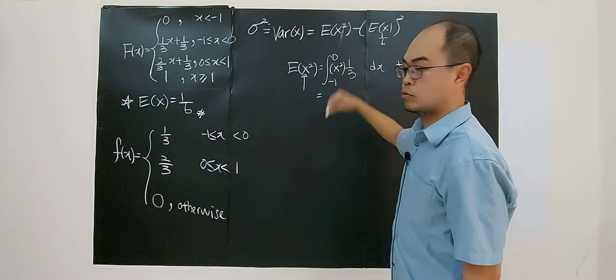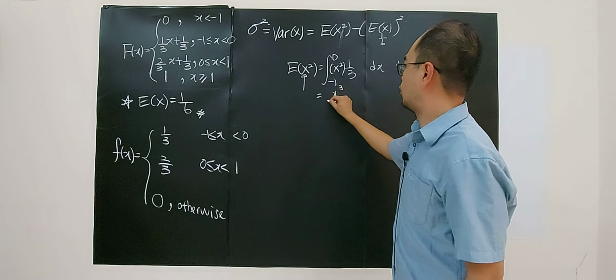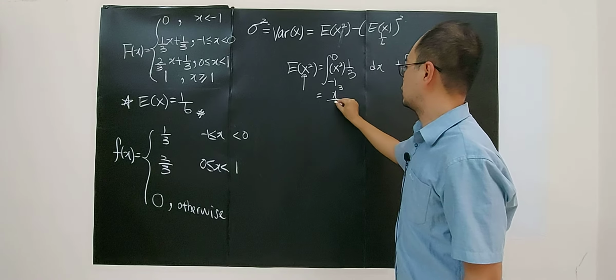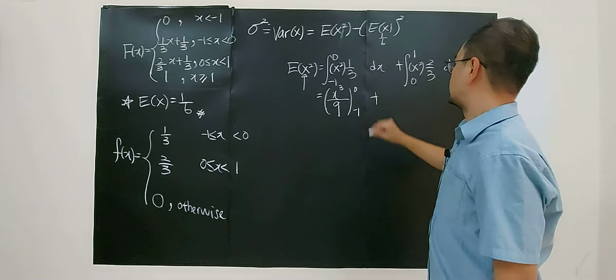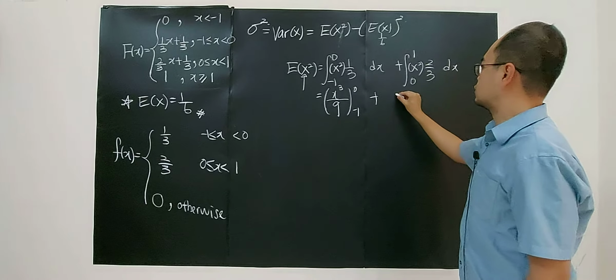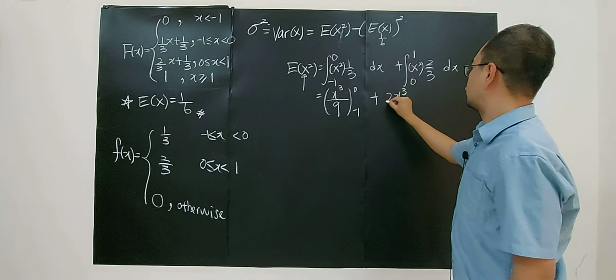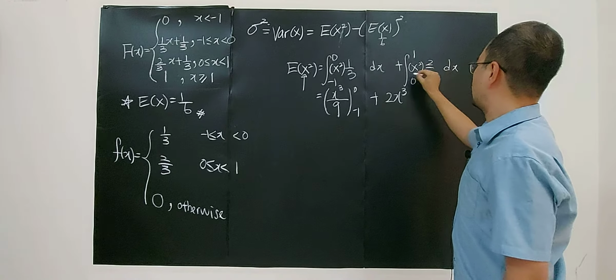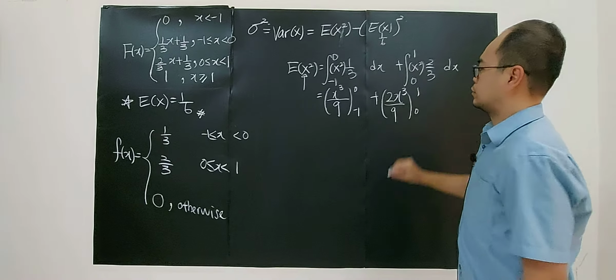Then we continue integrating. This one gives x cubed over 3 times 3, which is 9, from -1 up to 0, plus integrating this also the same, we have x cubed, and then you have 2 here, so 2x cubed over 9 from 0 up to 1.